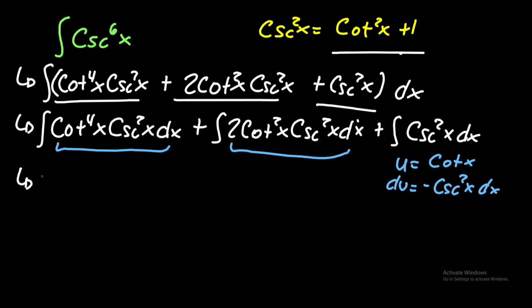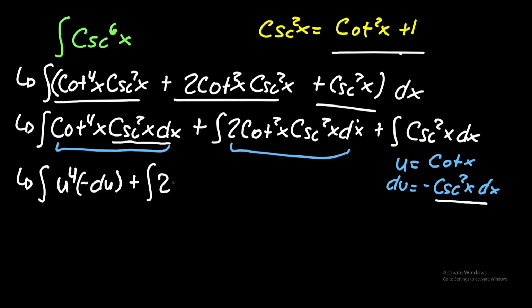By substituting, this would be the integral of cotangent to the power 4 of x, which is u to the power of 4, and cosecant squared of x dx, which is negative du, plus the integral of 2 cotangent squared of x, which is u squared, multiplied by negative du once again, and copy the rest.